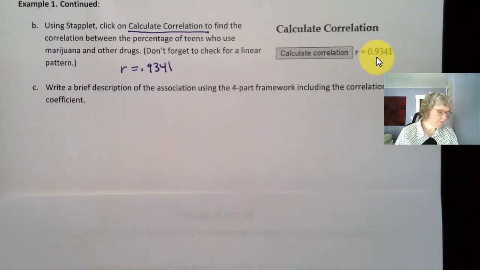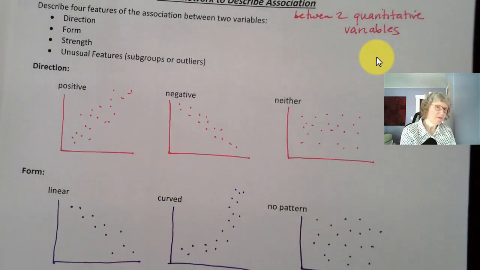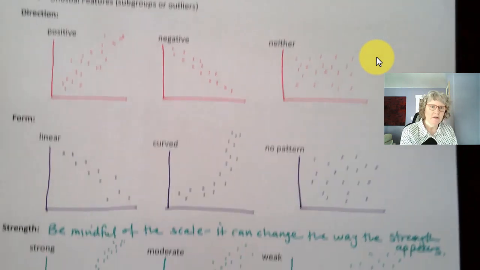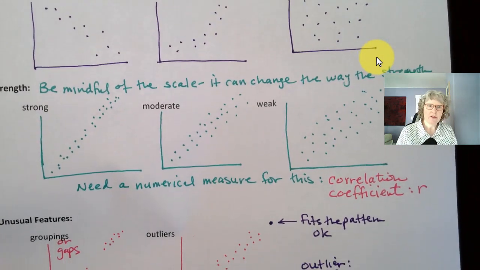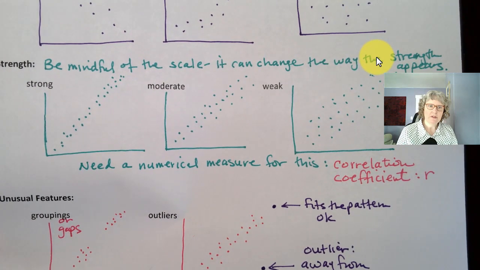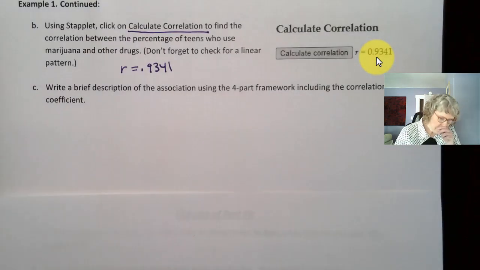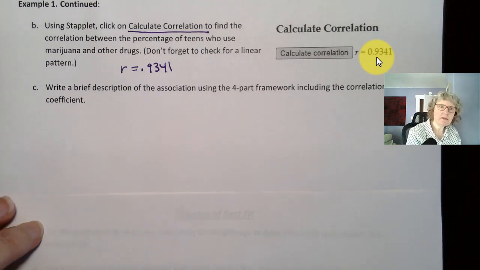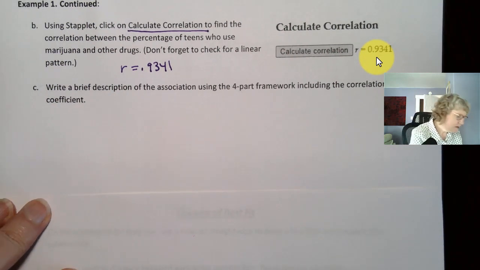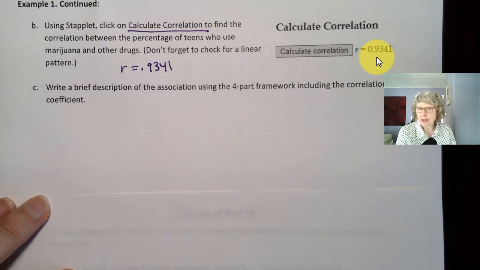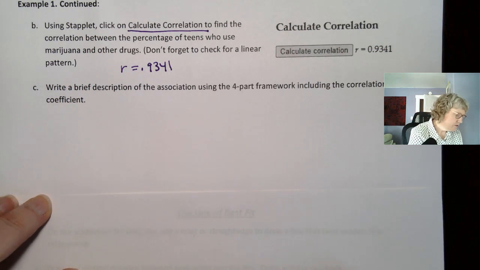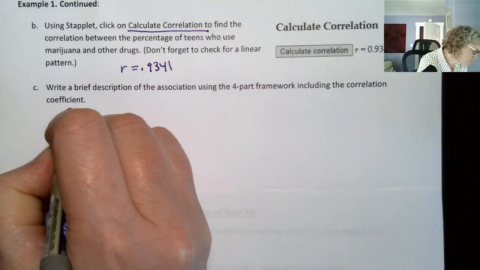So let's go ahead and do that. And we're going to do our 4 things from the other second notes page, where we're going to talk about the direction, the form, the strength, and unusual features. Okay, so first let's put in our context. I'm going to say the association. You could say association or relationship. Both of those are used equally just to mean the general relationship.